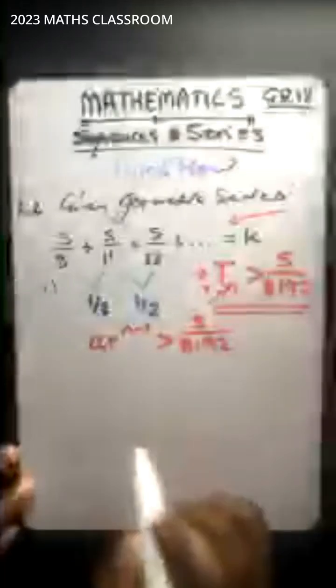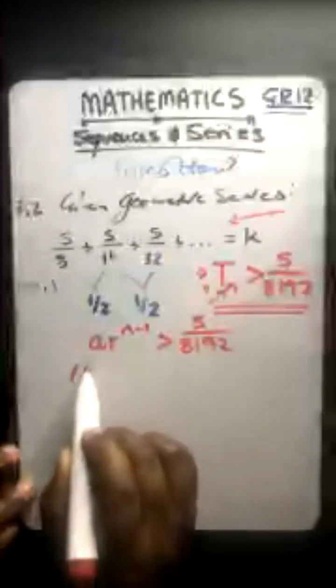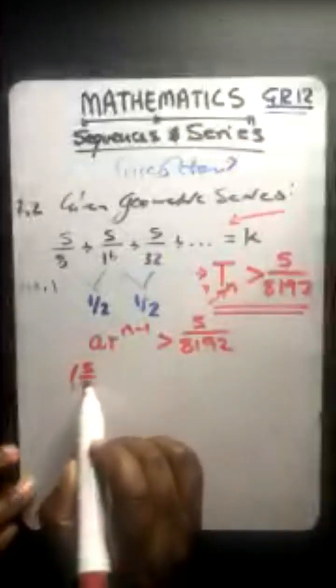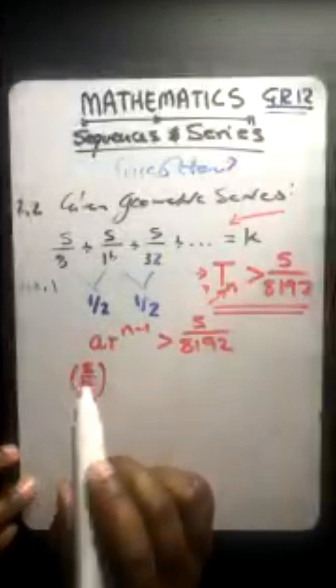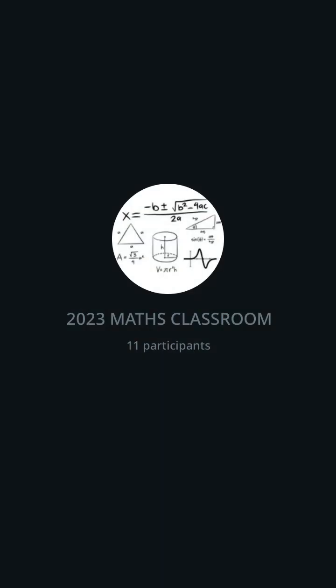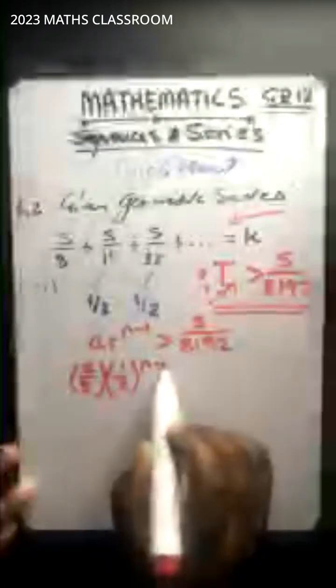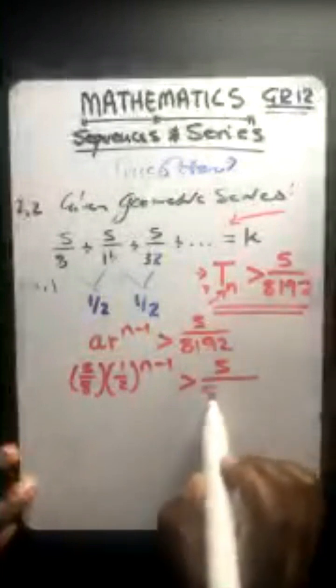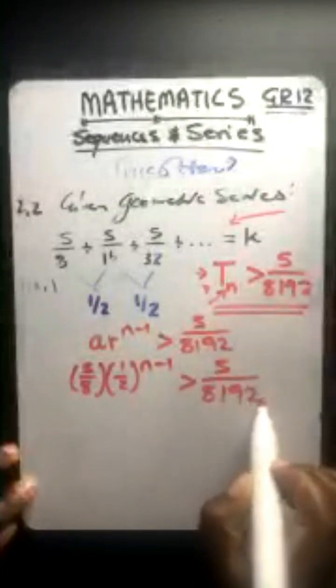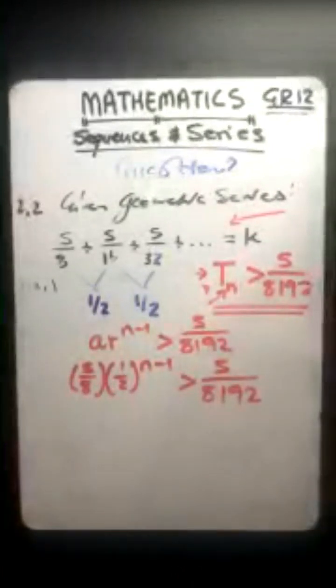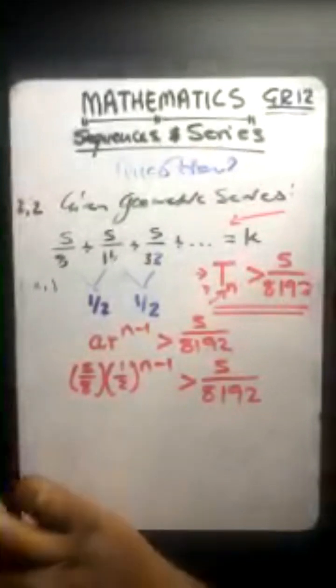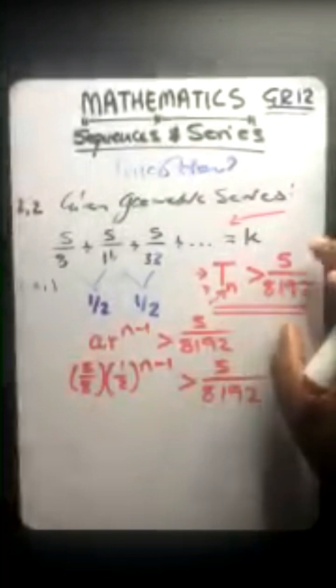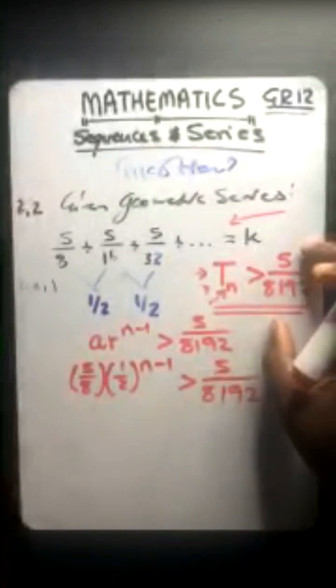Our a value, is it not 5 over 8? What is our r value? We calculated it to that. And what they want you to calculate, n minus 1, which is greater than 5 over 8192. This is what I meant by saying, you might not understand that statement, but with what you are given, you derive and work it out to try and find the value of n.